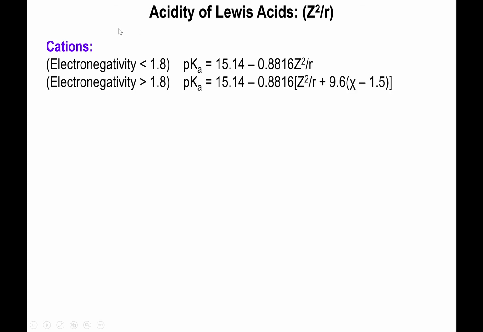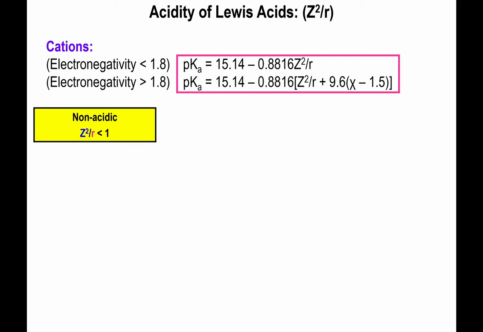And if you have an electronegativity value that is higher than 1.8, then the correction to the formula is that in addition to the charge squared over r, we're going to add 9.6 times the electronegativity of the metal minus 1.5 prior to multiplying by 0.8816.